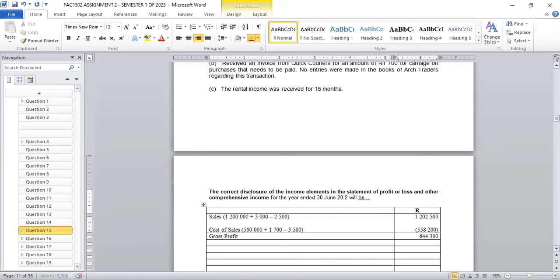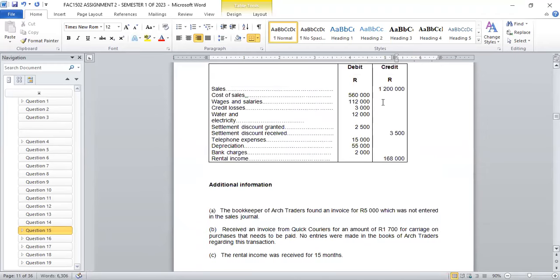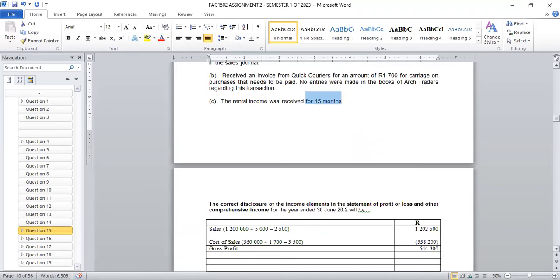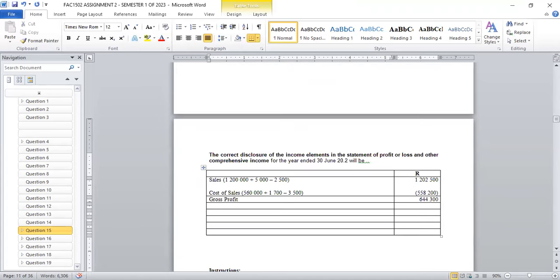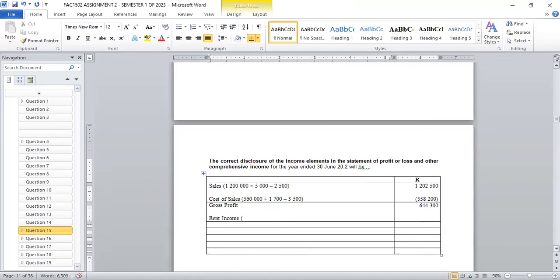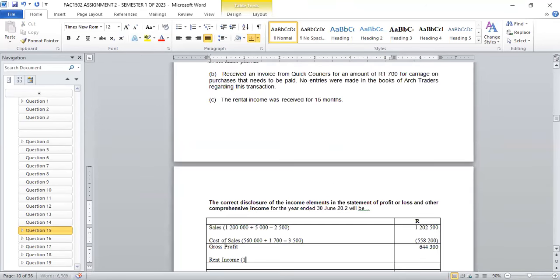Then we add other income. We have rent income. But for our rent income, they said it was paid for 15 months, but we only want 12. So we'd say rent income is 168,000 times 12 divided by 15, so that we just remain with rent for 12 months.